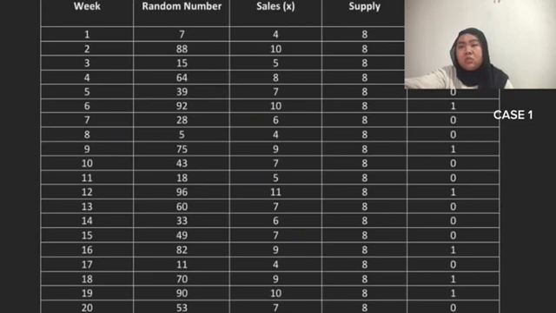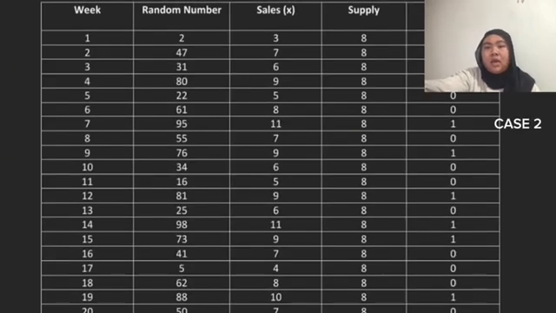In week 2, a random number of 88 led to sales of 10, exceeding the supply, resulting in a stockout. This pattern repeated across the weeks, contributing to the total stockout count of 7.